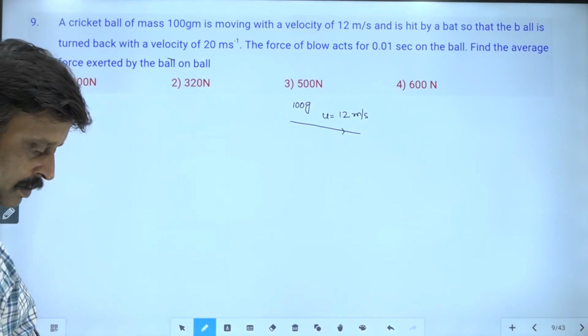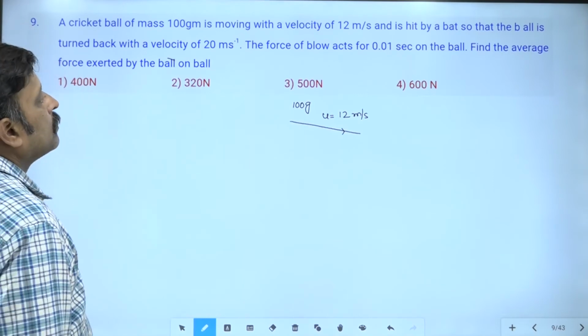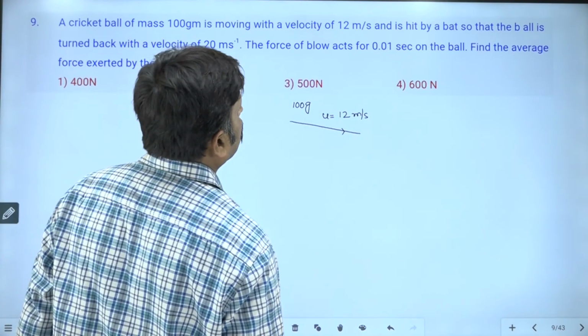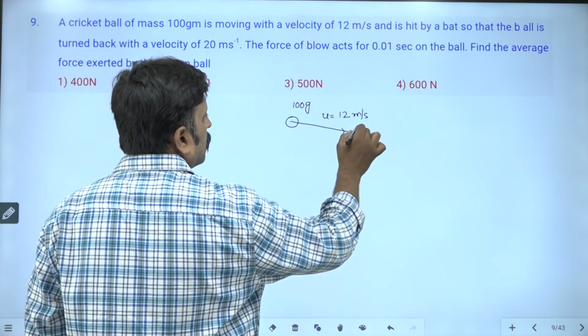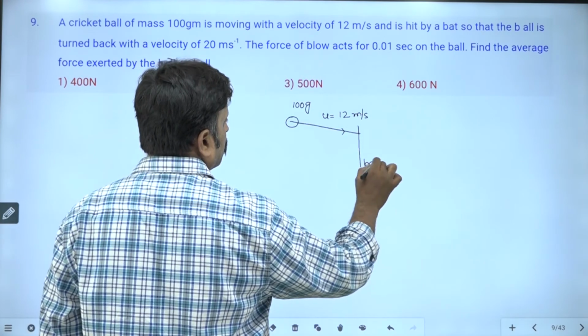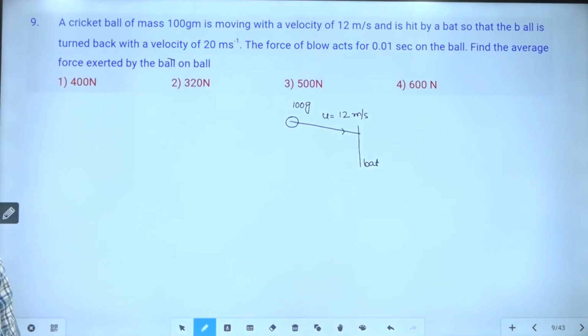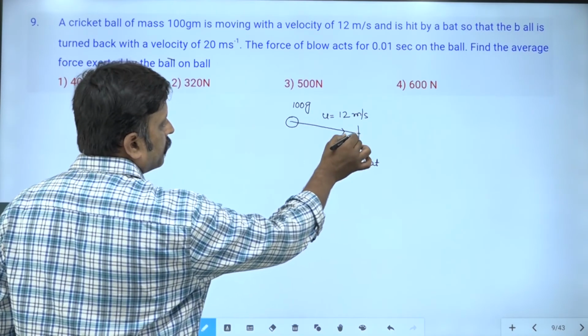Okay. The ball is hit by a bat, so suppose this ball is hitting the bat here. This is the bat, for suppose. The ball returns back with velocity 20 meter per second.